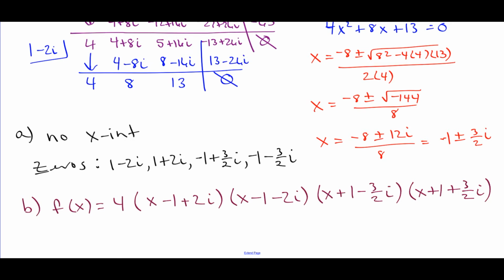Part C asked us to write it as a product of linear factors and irreducible quadratics. So remember that essentially means we can't use any complex numbers. So we want to use a factor of the set of real numbers. So over the real numbers, I've got the 4. I'm going to multiply these two terms together.